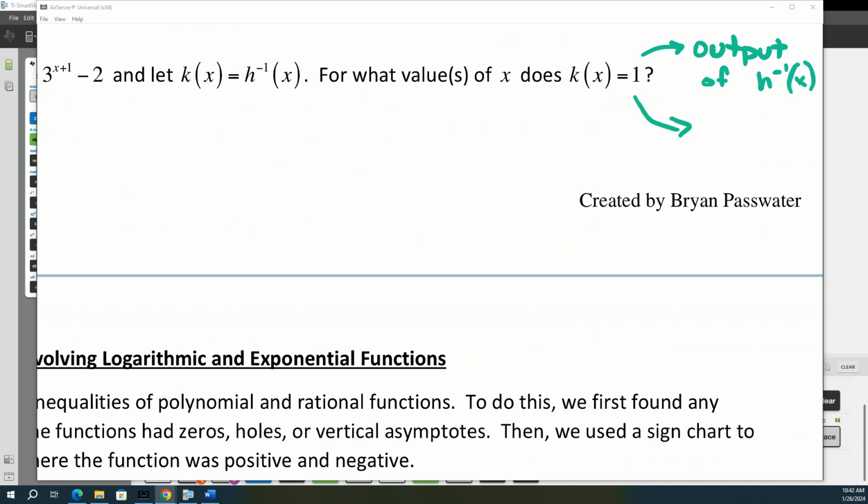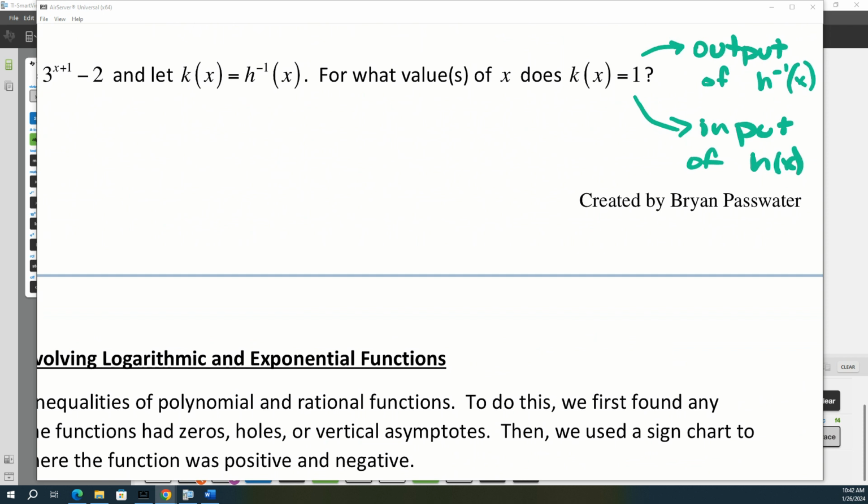So what should it be on h? It's the output of the inverse. What would it be on h? The original. It should be the input. So what starts off looking like a difficult question, like you'd have to find the inverse and do a bunch of junk, ends up not being too bad.